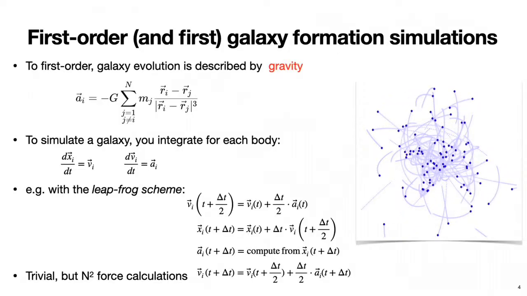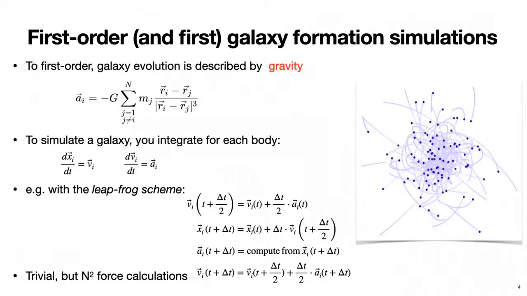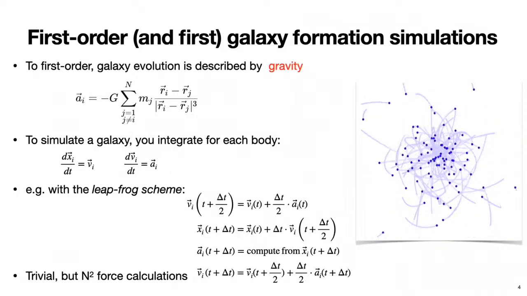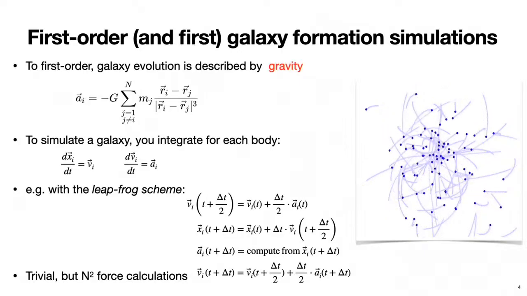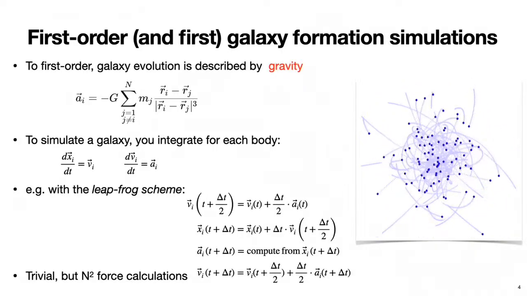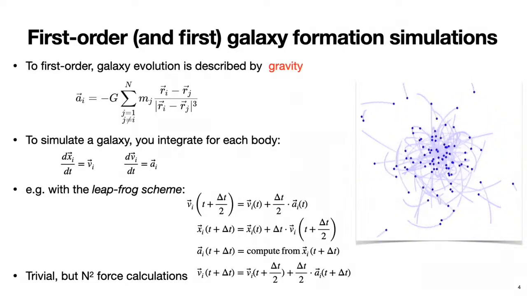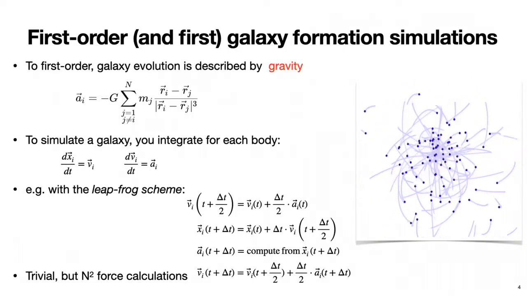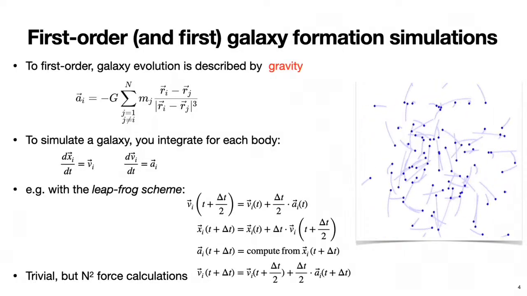And you can evolve these equations, which just describe the evolution of your movement according to the velocity of each particle, and the acceleration of each particle according to gravitational forces. And the gravitational force is just the sum of the gravitational force of every other particle in your volume. And then you can discretize this, so you can change the infinitesimal dt into a finite dt, which is just small enough that it doesn't affect your results.